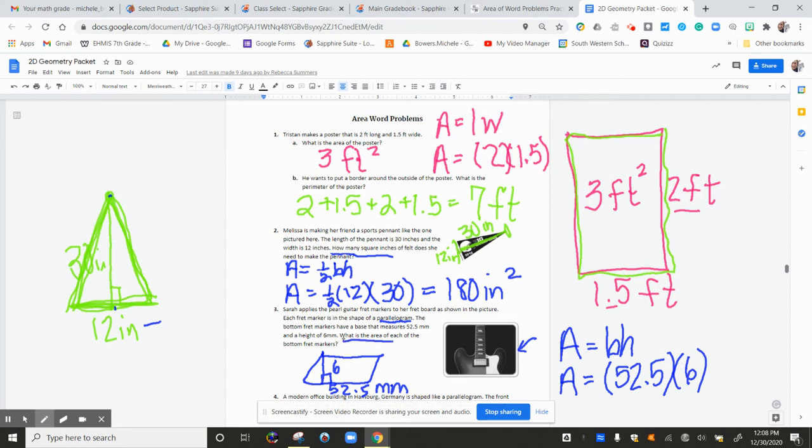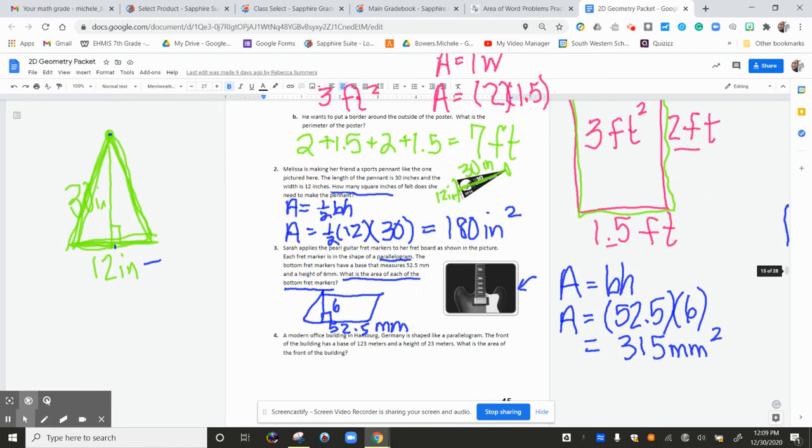It says, what is the area of the bottom fret markers? Once I know the area, that answers the question, which in this case is 315 millimeters squared. So make sure you're doing all of those steps to get the right answer. You can complete the other practice problems and check your answer on the answer key. Thanks.